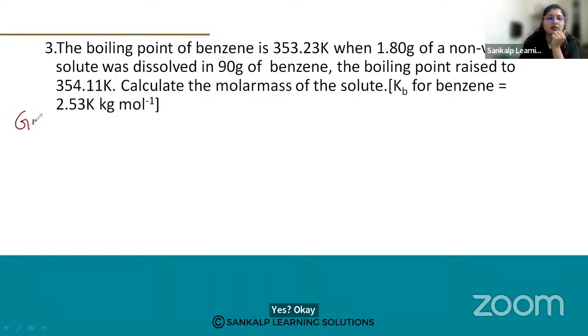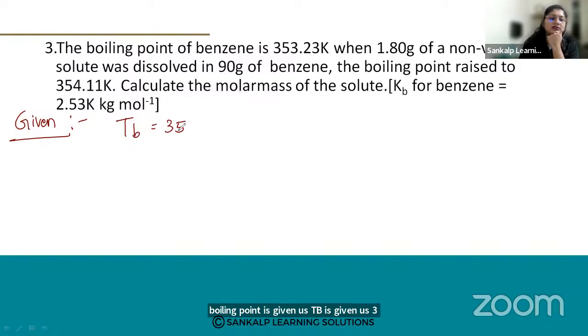So, given. Okay. So, boiling point of benzene is given. Tb naught is given as 353.23 Kelvin.